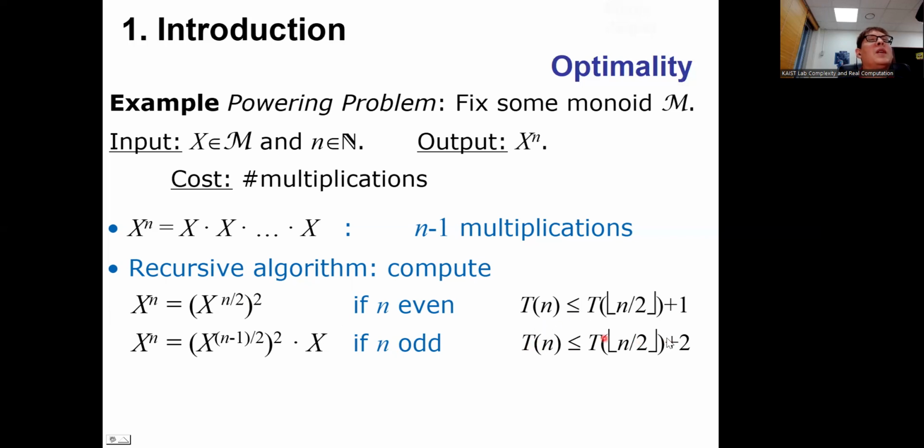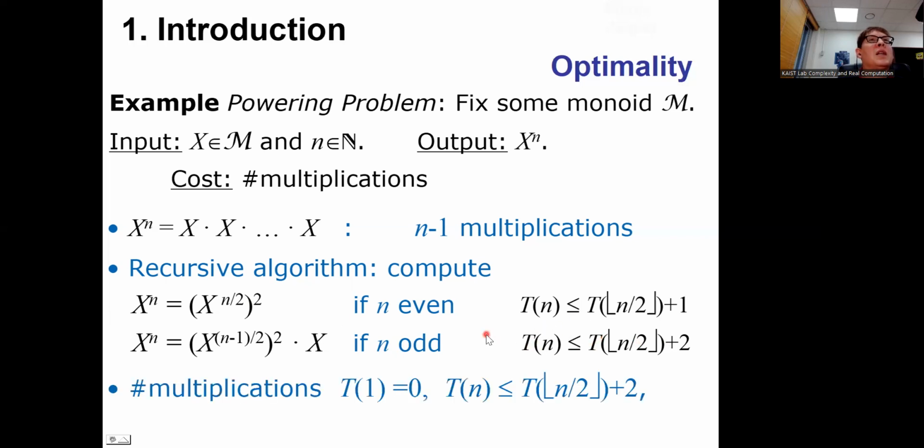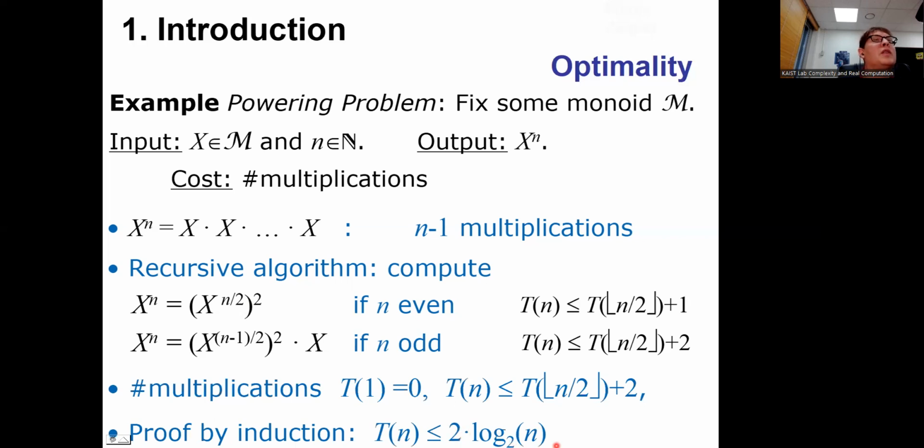So we can solve that recurrence easily. When we want to raise it to the first power, we don't need any multiplication at all, right? And in general, we have this recurrence, even in the first case, the odd case, and we can solve that, for example, by induction, and see that this means the overall number of multiplications is at most 2 times the binary logarithm of n.